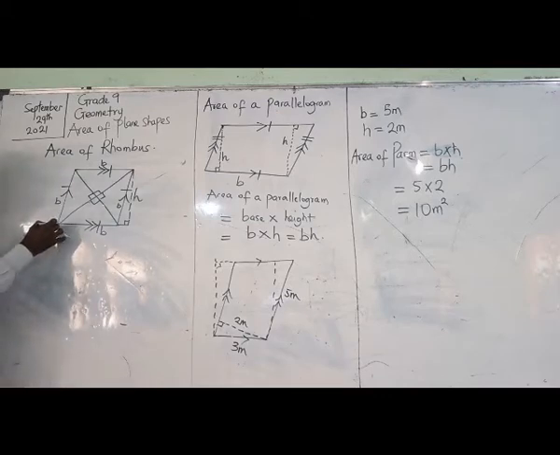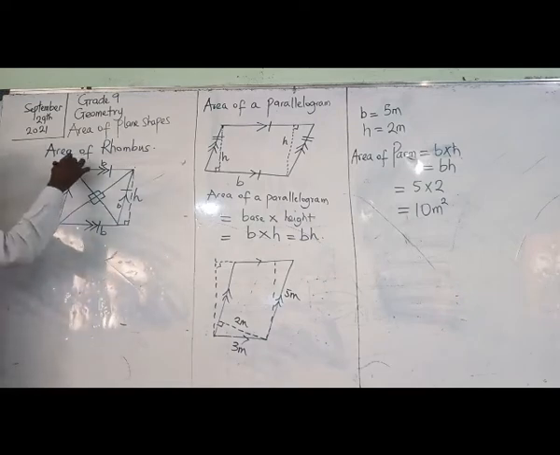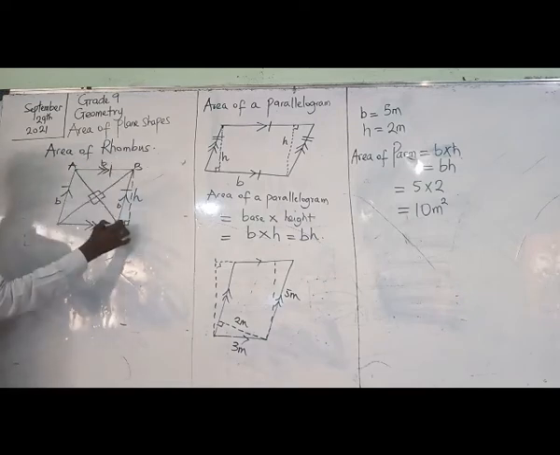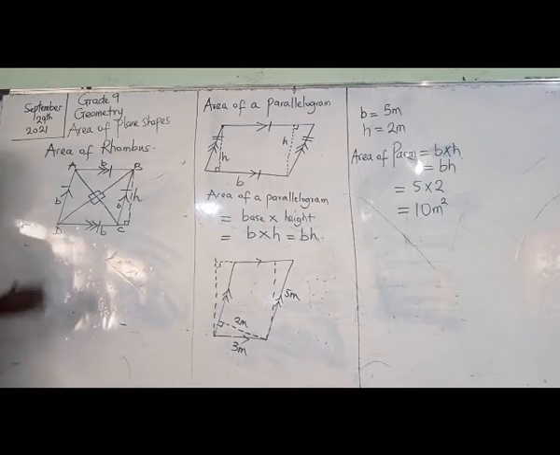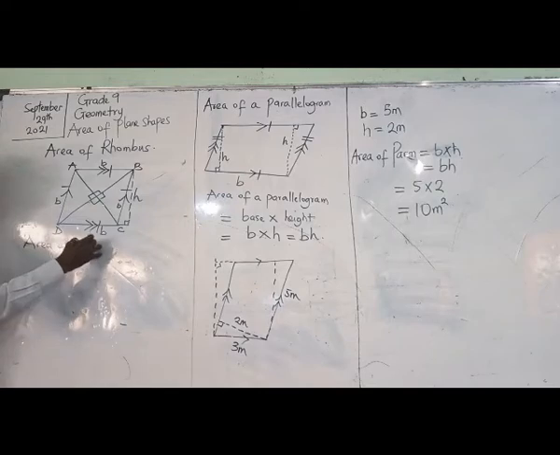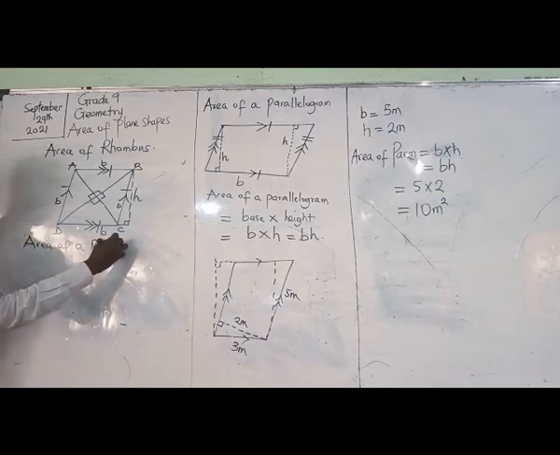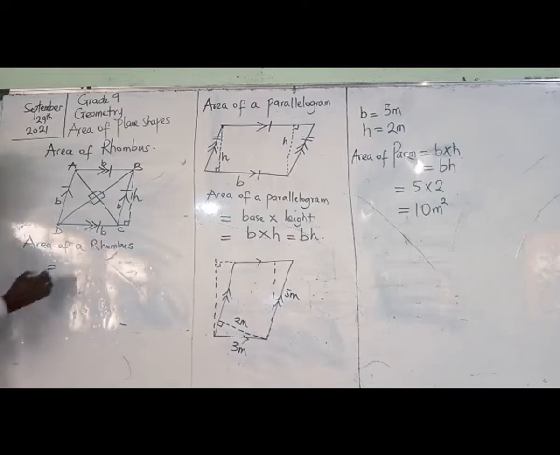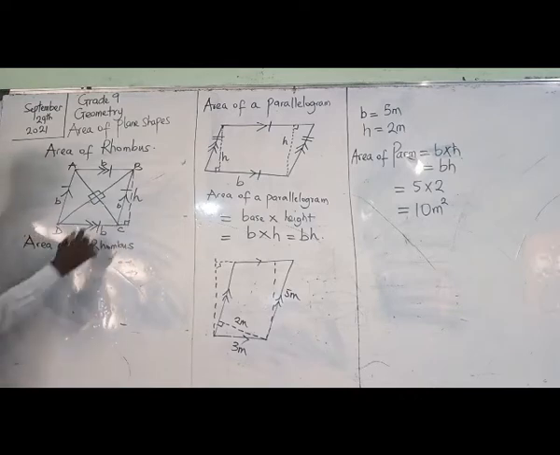Let me name the shape A, B, C, and D. Now, the area of a rhombus will be equal to the base times the height.